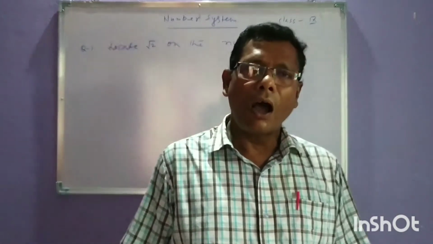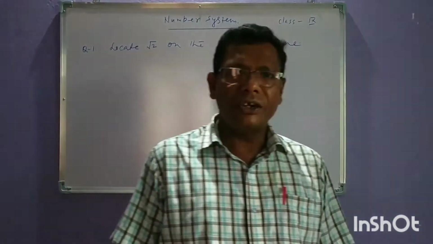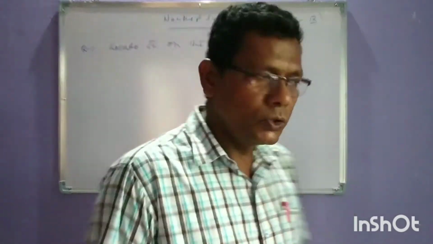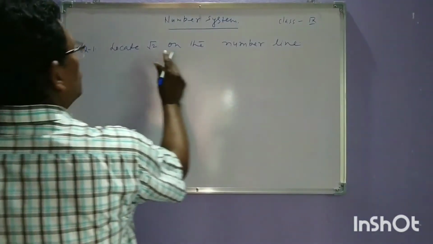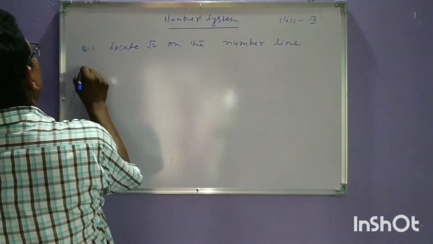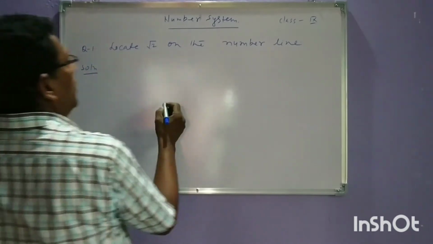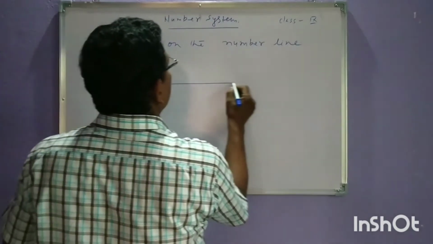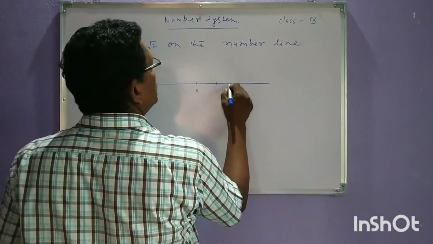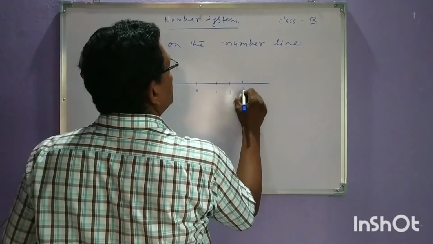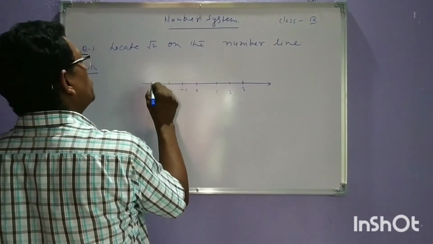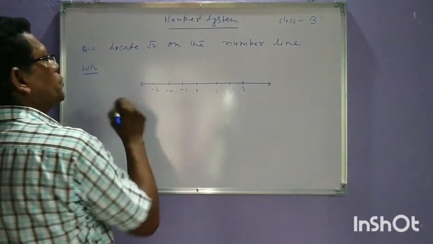Let us see how we can represent some irrational number on the number line. So, locate root 2 on the number line. For this, first we draw a number line. 0, 1, 2, 3, then here -1, -2, -3 and so on.